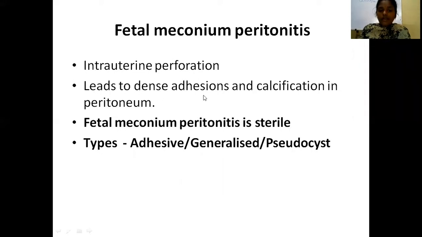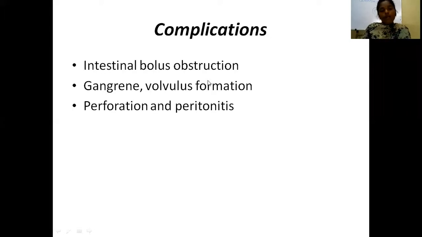This leads to dense adhesions and calcifications in the peritoneum. It is a sterile condition as it occurs inside the womb, and the different types are adhesive, generalized, and pseudocyst.